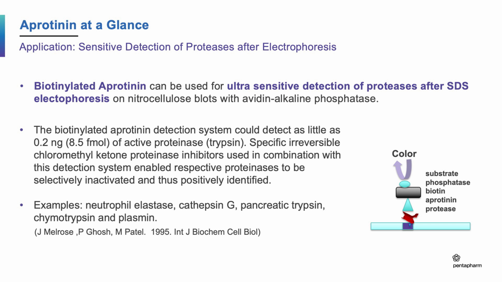Specific irreversible chloromethyl ketone proteinase inhibitors used in combination with this detection system enabled respective proteinases to be selectively inactivated and thus positively identified. Examples of enzymes that can be detected include neutrophil elastase, cathepsin G, pancreatic trypsin, chymotrypsin, and plasmin.